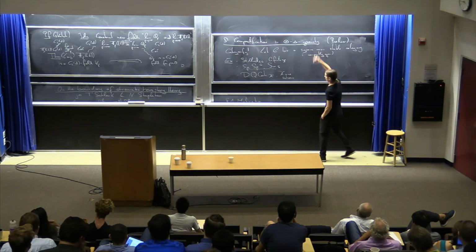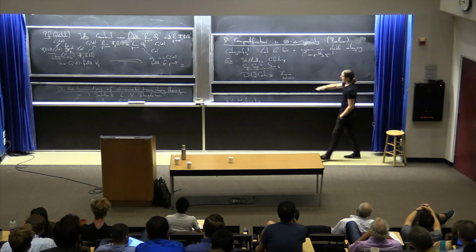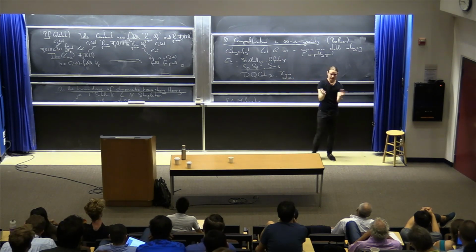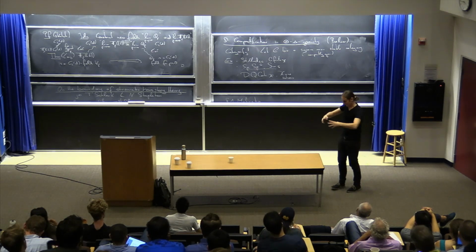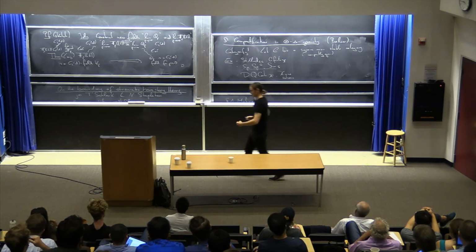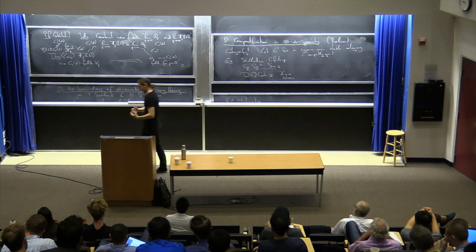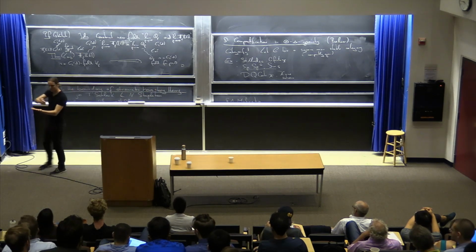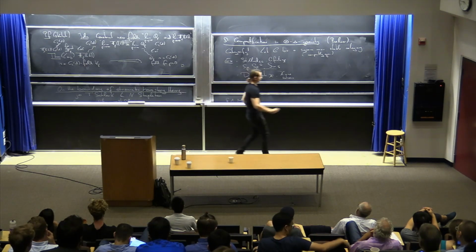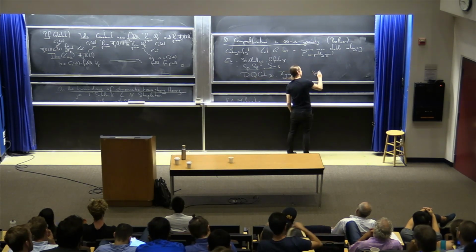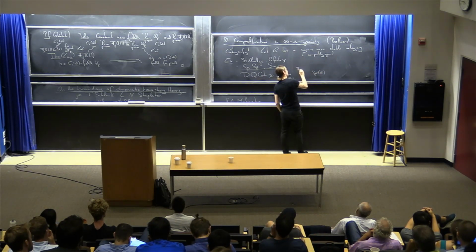So the picture you should have in mind is the following. Instead of thinking of this category C as just an object itself, you can interpret it as a bundle that moves over a space. There's a space called the Balmer spectrum.